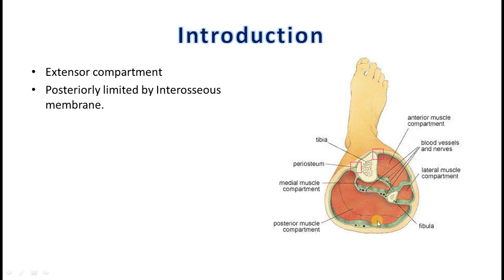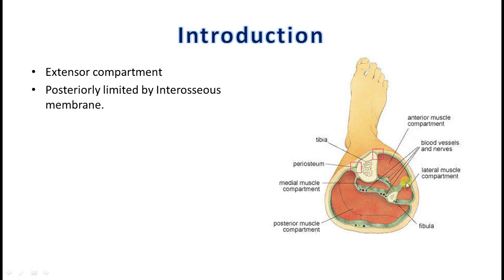This is the posterior compartment, present as superficial and deep. This is your anterior or extensor compartment. Between the anterior and posterior intermuscular septa, you have a small lateral compartment, also called the peroneal compartment.